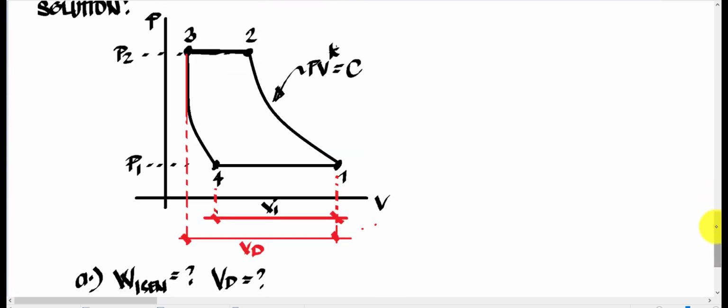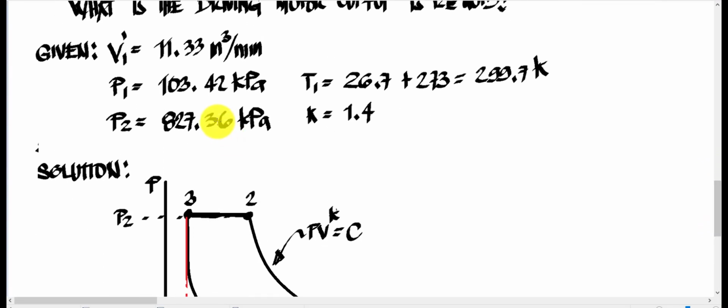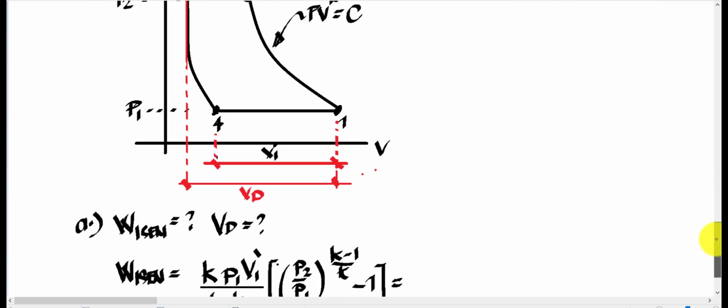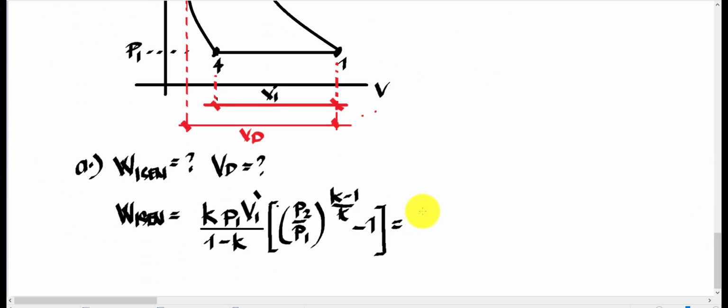We have the pressure 2 and the ratio of pressure 2 and pressure 1, and the k value. So we can solve the problem now by directly substituting into the equation. So we have 1.4 multiplied by pressure 1, which is 103.42 kilonewtons per square meter.